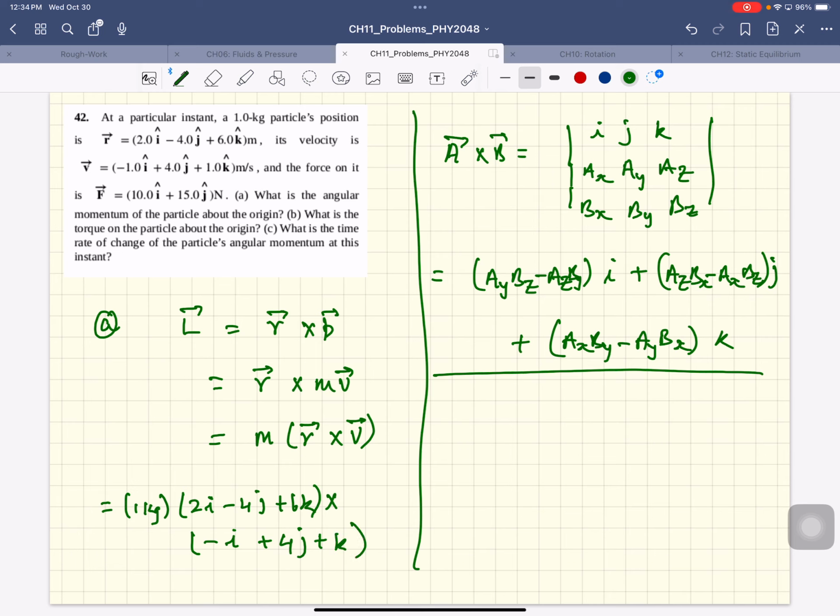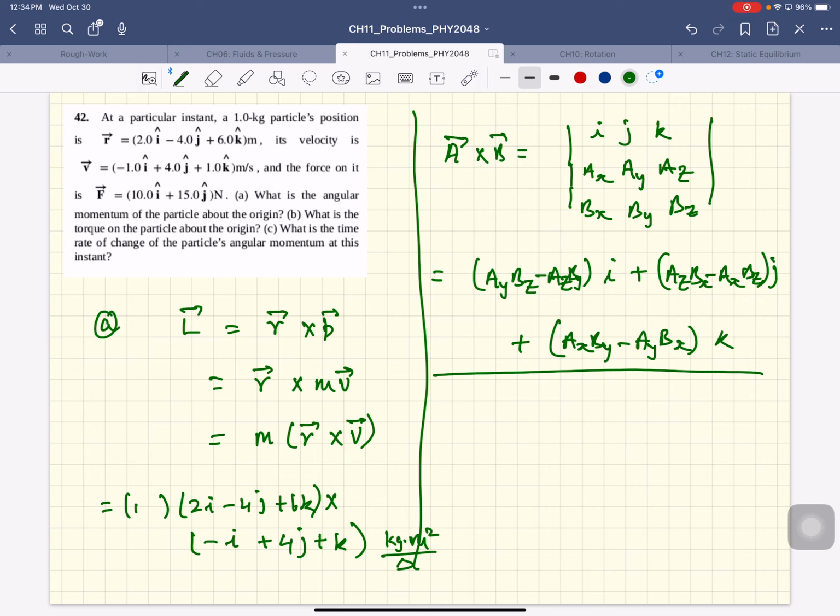I'm going to combine the units. The units for angular momentum are kg times meters times meters per second, so kg meter squared per second. Again, this combination of units doesn't have any name.